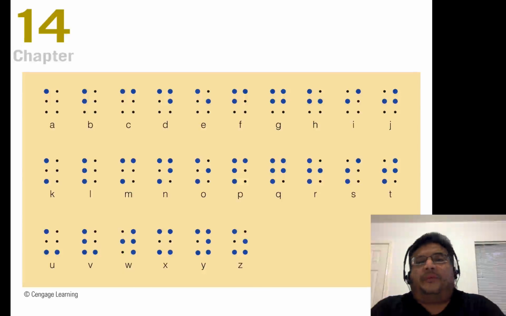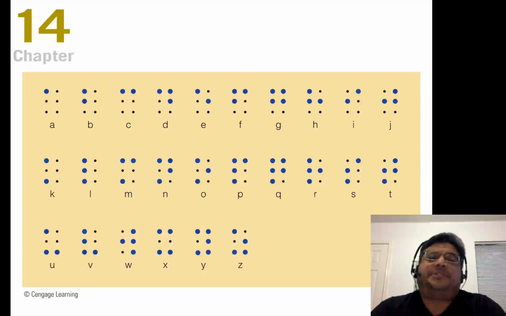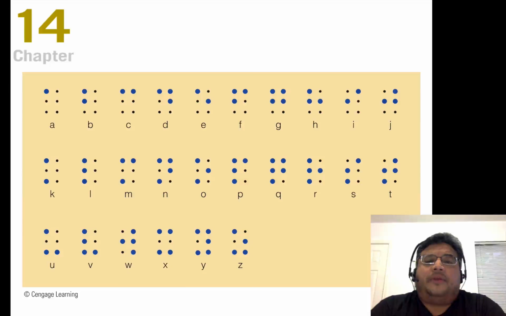So here's an example right here. Here's the Braille alphabet. If you're a sighted person and you've ever tried to rub your fingers on some Braille, you'll probably notice you have a hard time doing it. That's because you haven't been trained. But you can be trained and taught how to read Braille.